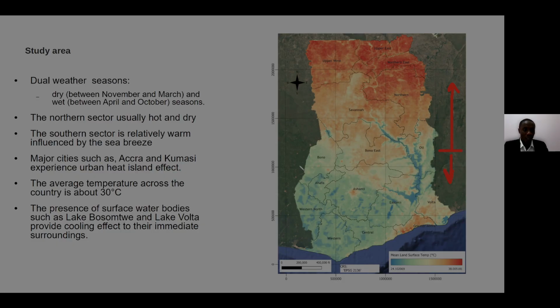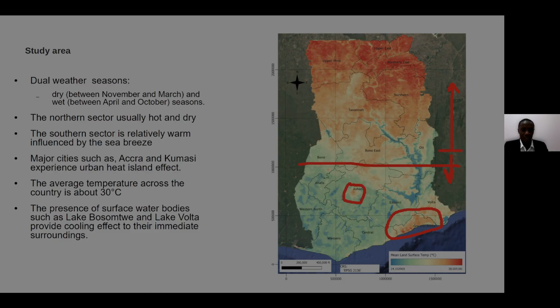However, although the southern half of the country is at a lower temperature as compared to the northern sector, the Ashanti Region has Kumasi, which has a higher temperature, whereas Greater Accra Region and Volta Region also have higher temperatures in the southern sector as compared to their immediate neighborhoods, and these are due to urban heat island effects in these communities.